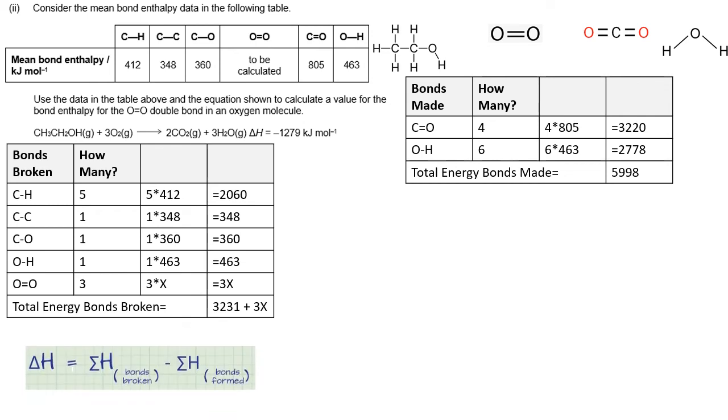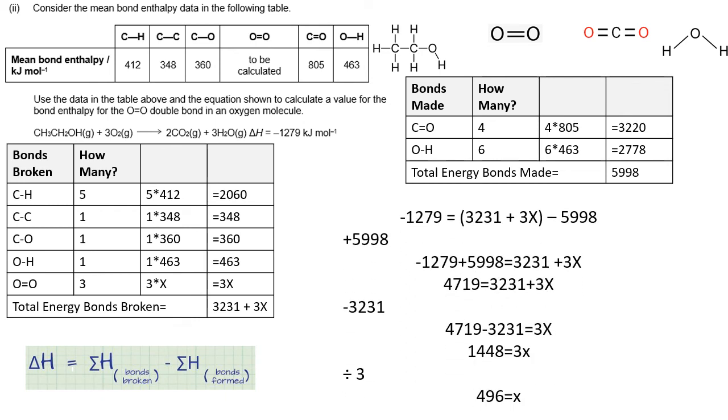So using our enthalpy equation, our total change in enthalpy is the sum of the energy required to break the bonds minus the sum of the energy to form the bonds, we can plug those values in here. So this number, 1279, I've got from the equation, and these numbers, 3231 plus 3x, is what I've worked out from the bonds broken, and the minus 5998 is the value I worked out.